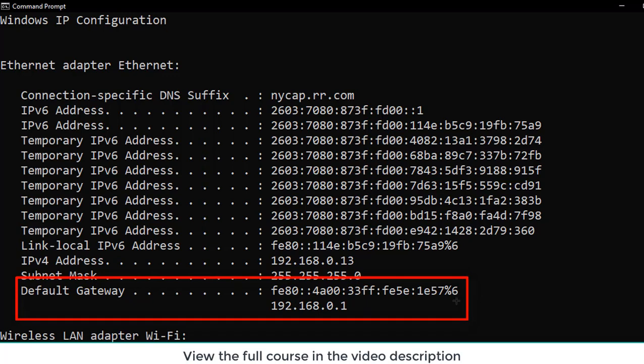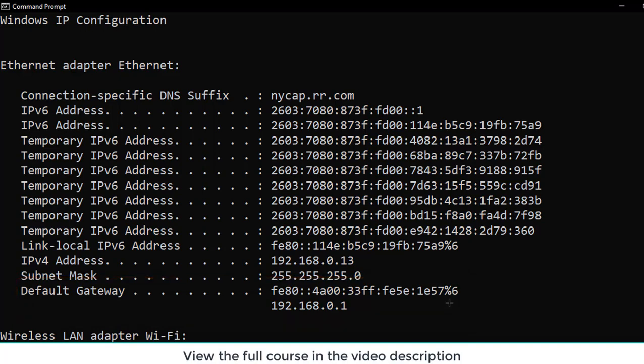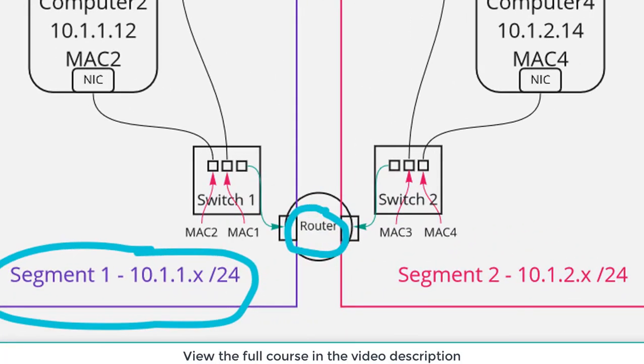So if my computer needs to send some traffic to some other layer 2 Ethernet segment, it's going to send it to this IP and this MAC. That's the default gateway. And once that traffic arrives at the default gateway, the router knows what to do with it. The router has interfaces on both of these segments, so it has connectivity to both of those subnets.